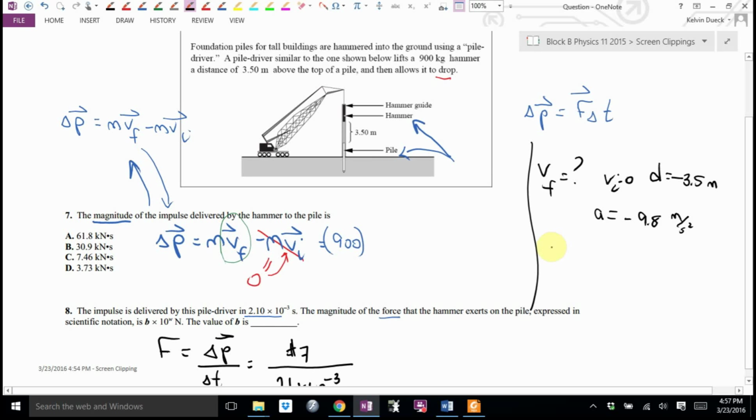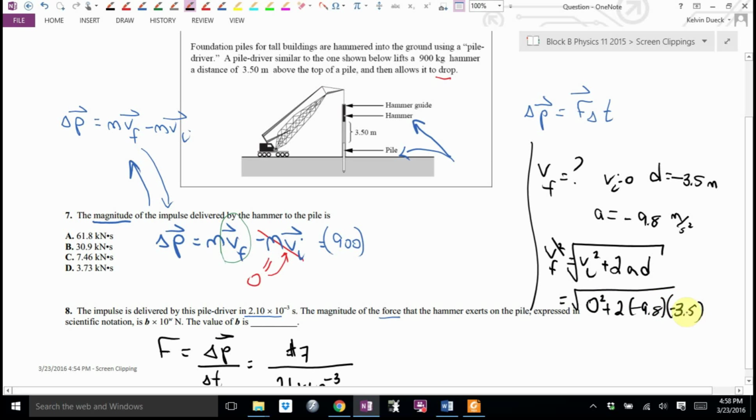So I think I can go Vf squared equals Vi squared plus 2AD, and then to get rid of the squared, square root. I'll get the square root of 0 squared plus 2 times negative 9.8 times negative 3.5.